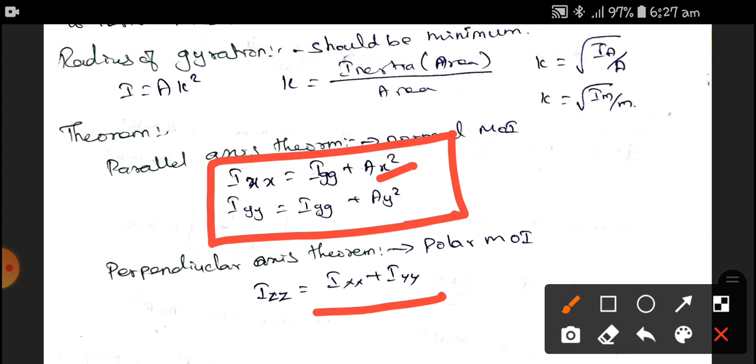Here, x and y are the centroid point in the x and y axis. The distance from the origin to the centroid axis in the x and y direction is called x and y. So Igg is the moment of inertia.